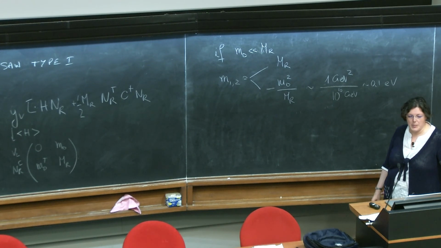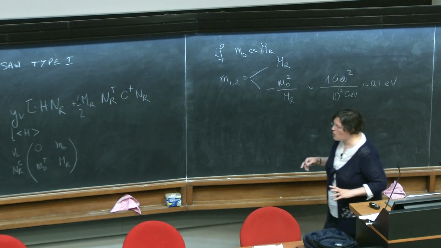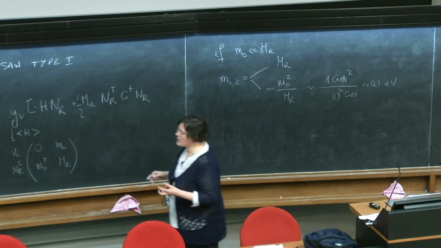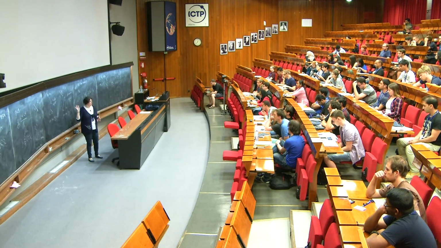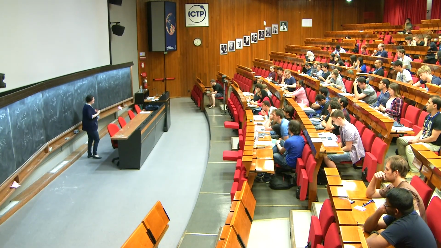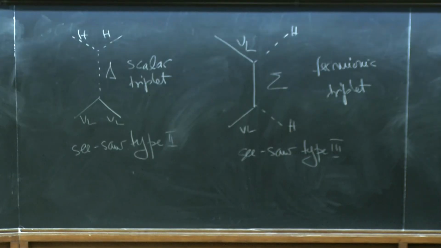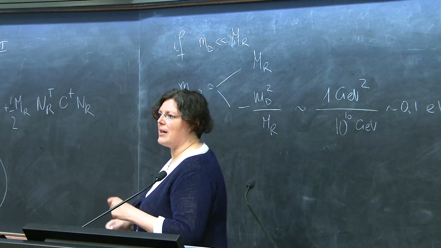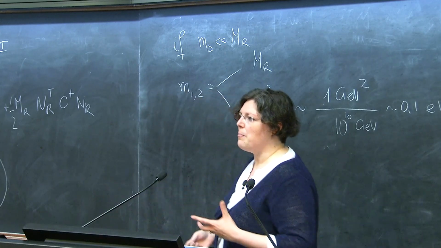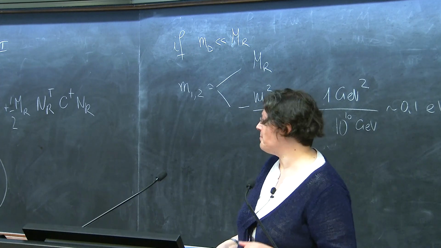So that's why this seesaw type 1 model has emerged as a very favored type of mechanism from a theoretical perspective. The other two seesaws have pros and cons. The problem is that I'm dealing with triplets, either scalar or fermionic triplets, which means that they cannot have a very heavy mass because I need to preserve SU(2) down to the electroweak scale. So these need to be relatively light, and so the question arises, why do they have masses which are quite light?